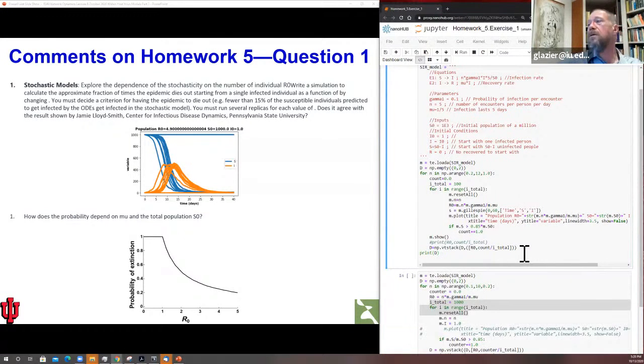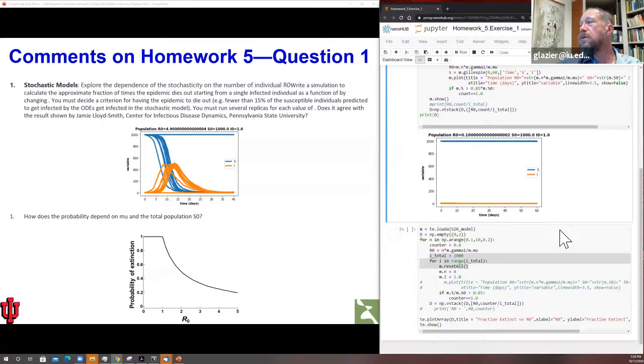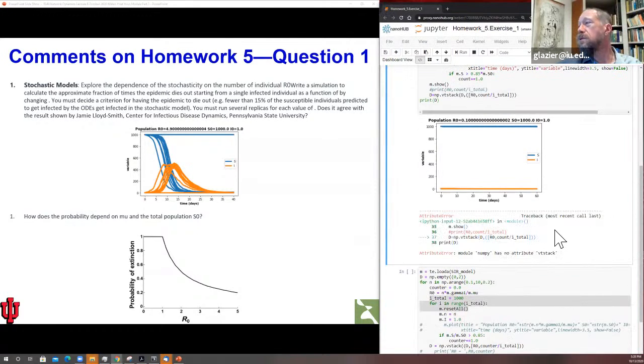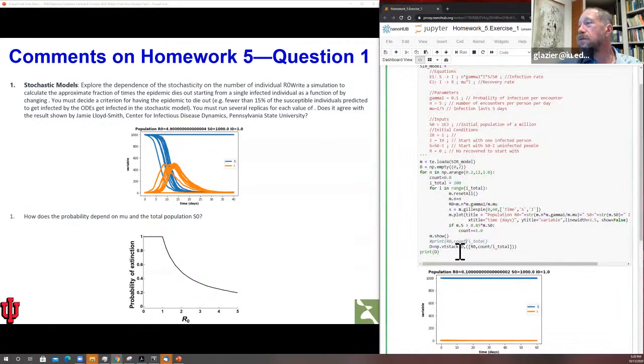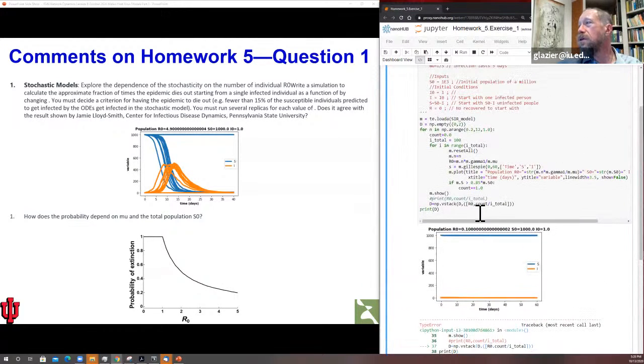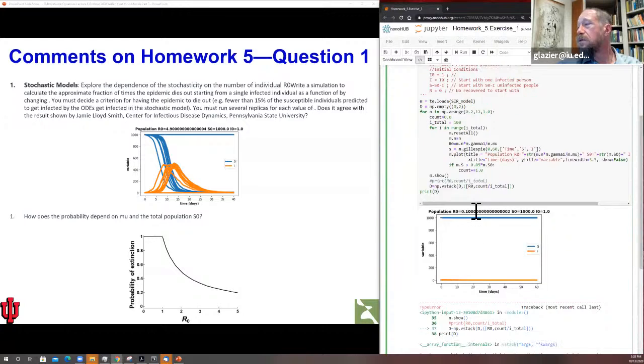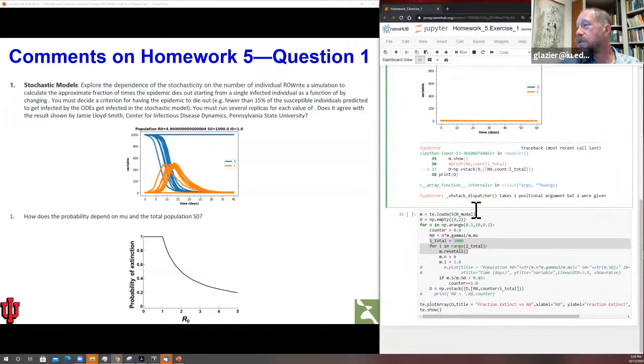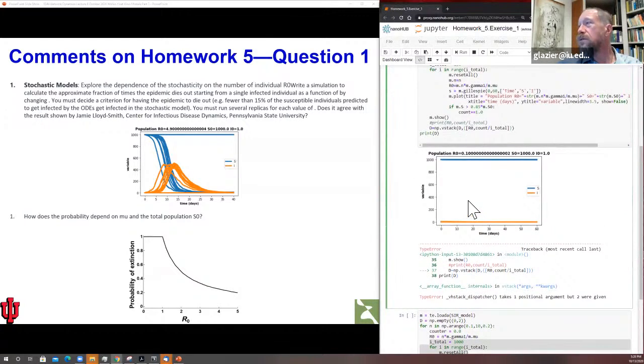See if it worked. Oops. Typo. vstack. One positional argument, but 2 were given. I have it correct here. Oh, extra parenthesis.